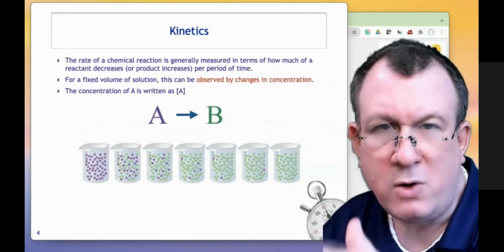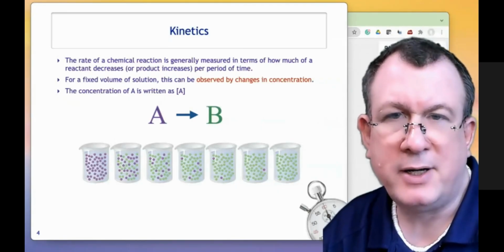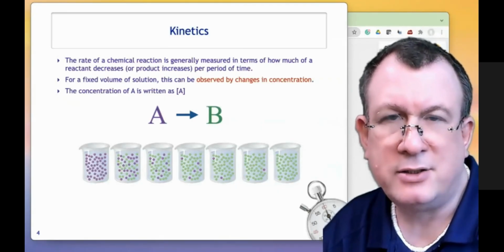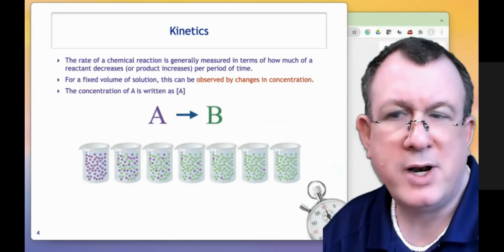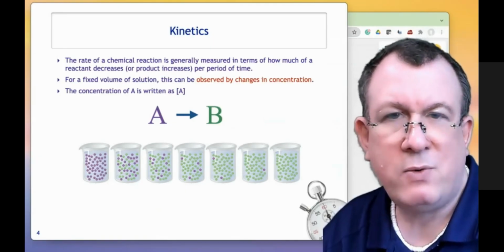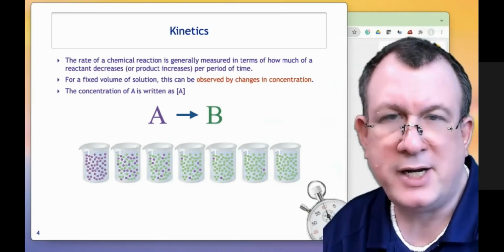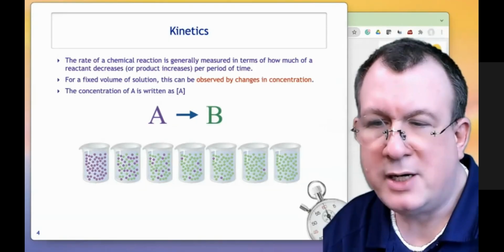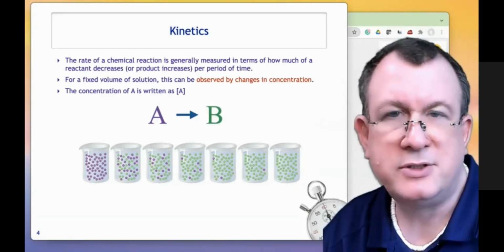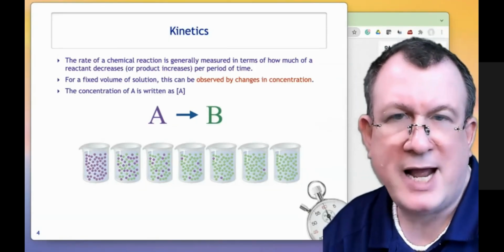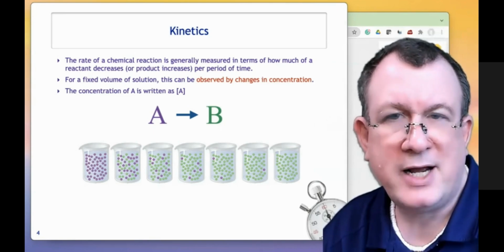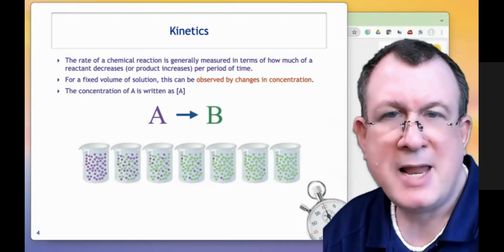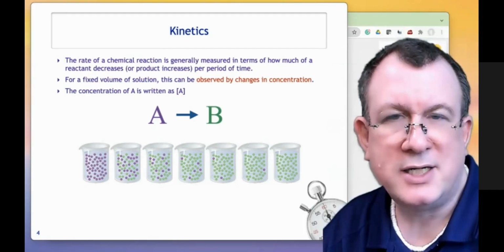Now, when we talk about the rates of reaction, we talk about how fast the reaction occurs. Well, we're scientists, we're chemists, we want to have numbers to it. So we're going to need a way of getting a handle on how fast the reaction occurs, which means we need something to observe. What we're frequently going to do is observe concentration. If I have a flask with some ink in it, how fast that ink decomposes, we can observe by the change in color in that flask, because that's directly related to the concentration.